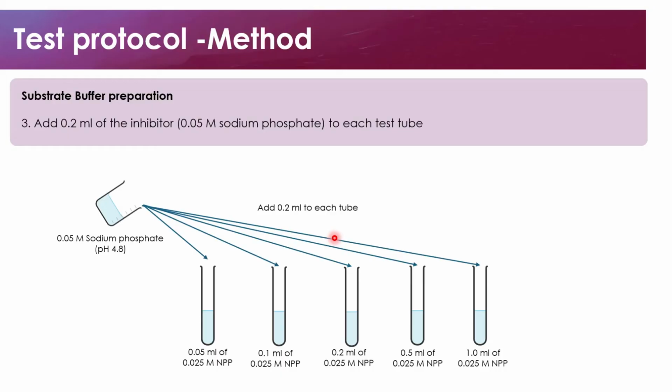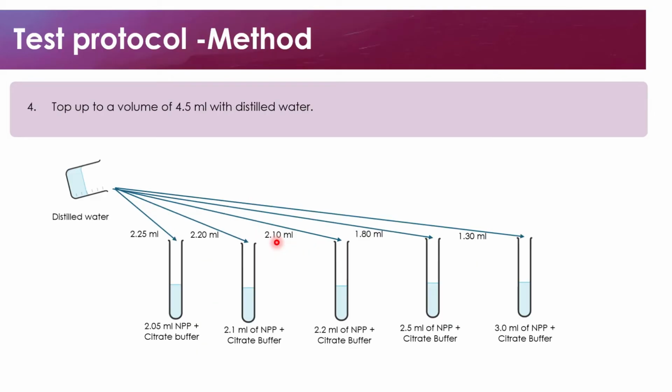The next step is to add 0.2 ml of the inhibitor, which is the 0.05 molar sodium phosphate, to each test tube, also shown over here. The next is to top up to a volume of 4.5 ml with distilled water. To do this, for the first test tube, we add 2.25 ml of distilled water to get a final volume of 4.5 ml.